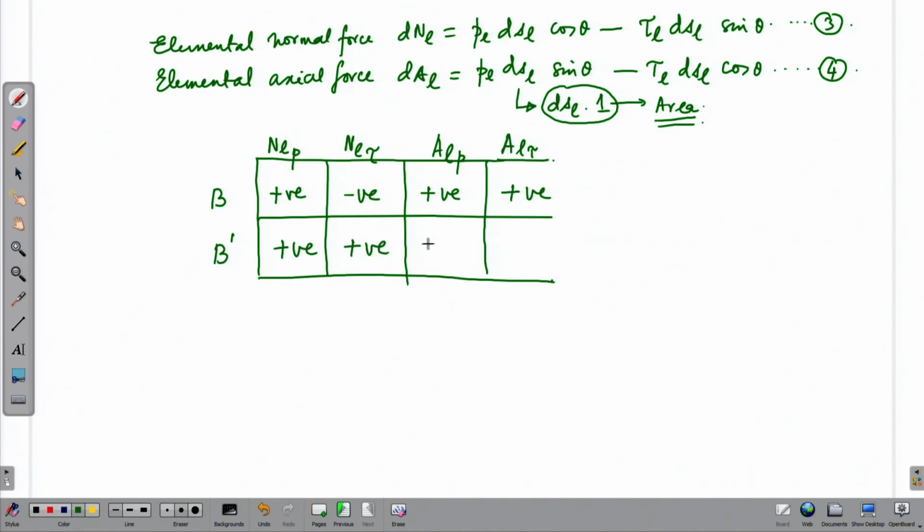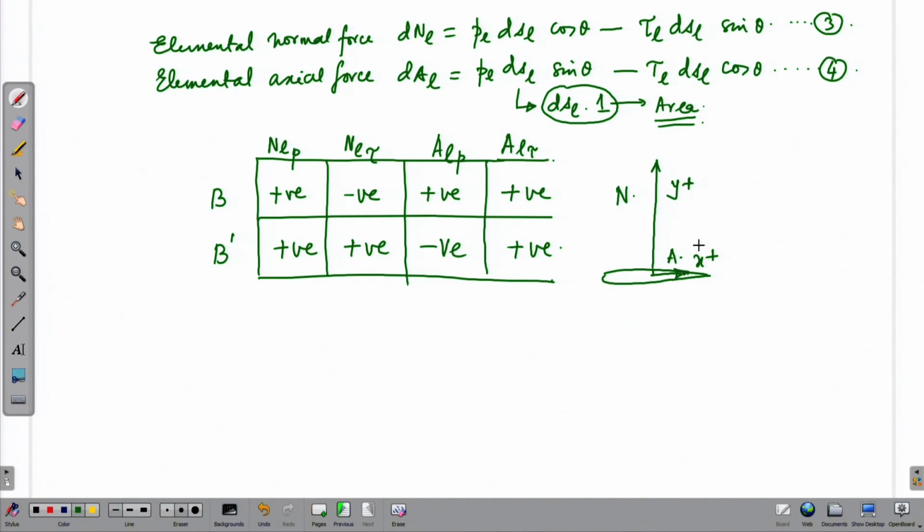Note that the normal force, when we look at it, is pointing towards the positive y direction. That is the direction of the normal force. The axial force is pointing towards the positive x direction.